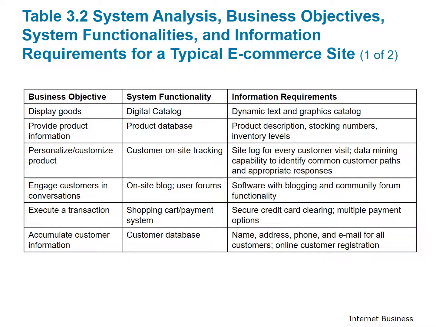To a large extent, the business objectives of an e-commerce site are not that different from those of an ordinary retail store. The real difference lies in the system functionality and information requirements. In an e-commerce site, the business objectives must be provided entirely in digital form, without fielding salespeople, 24 hours a day, 7 days a week.